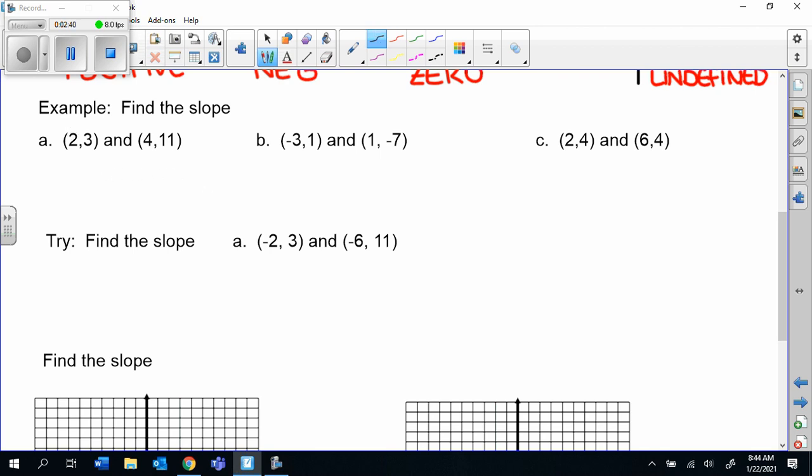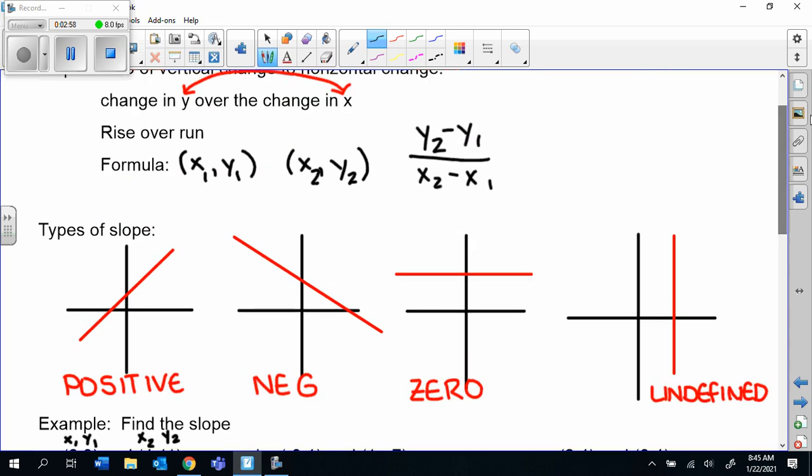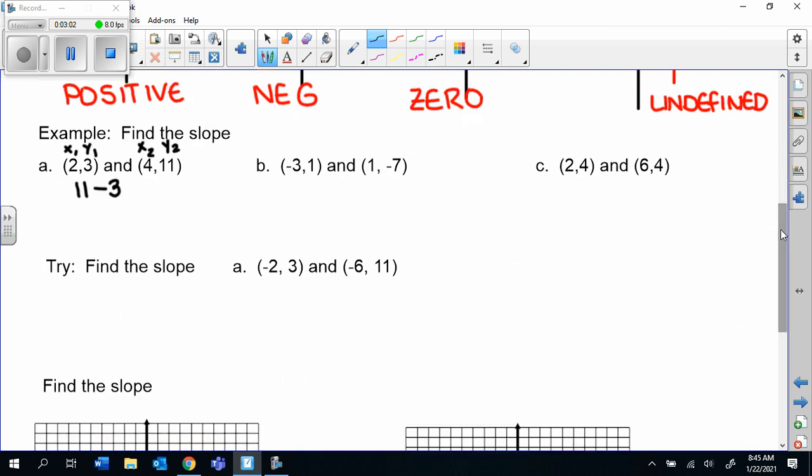So, just designate one of them as being your x1, y1. And the other point is your x2, y2. Y's always go on the top. So you're going to have 11 minus 3. Notice how there are built-in negatives to the formula. You're subtracting. You saw me do that with the rates of change as well.